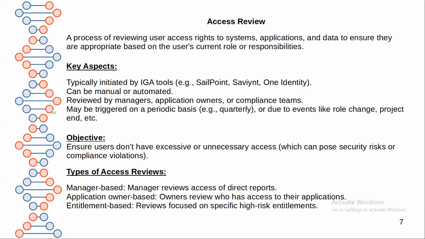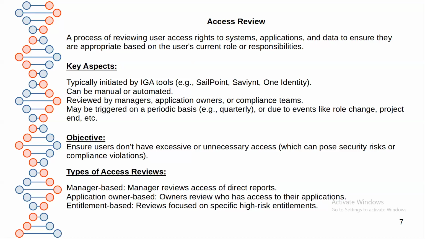Now, what are the key aspects when we do access review? It is typically initiated by IGA tools, whether you use SailPoint, Saviynt, or One Identity. These are the top tools available in the market as far as IGA capabilities are concerned. There are several others also, but I have picked a couple of them.